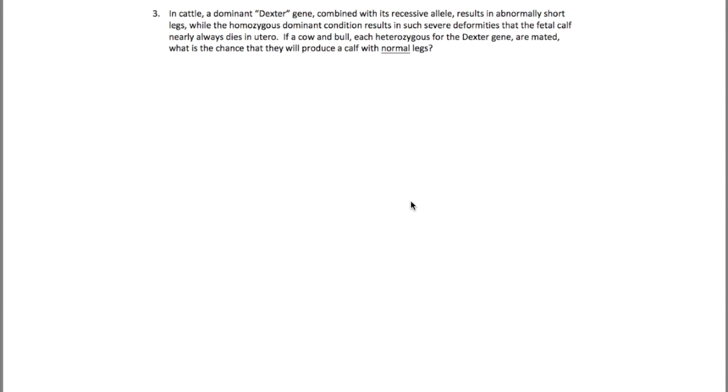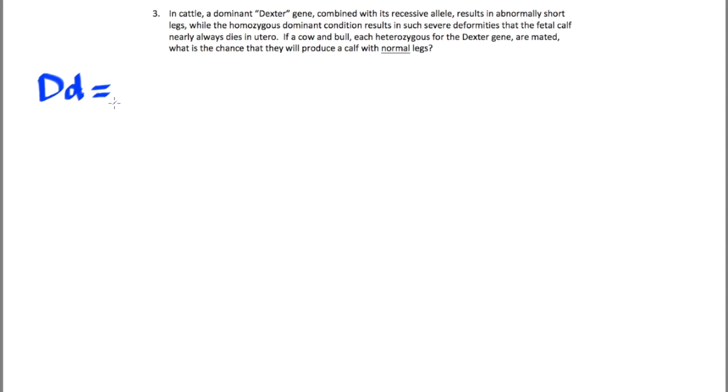So what I would do here is go through and write down the genotypes and phenotypes first, just to kind of organize the thoughts. So that's what we're going to do here first. And I'm going to go with the letter D here since they're using Dexter. So for this, that's the Dexter, right?